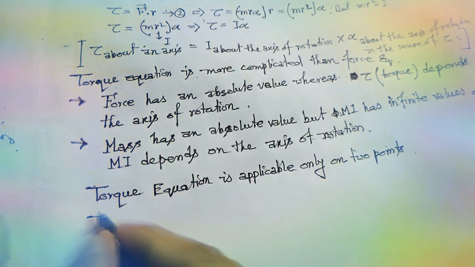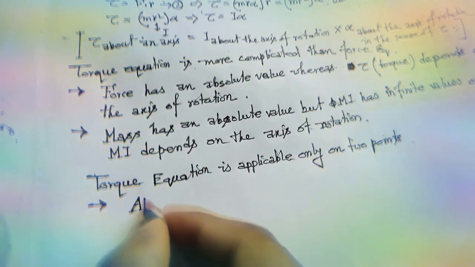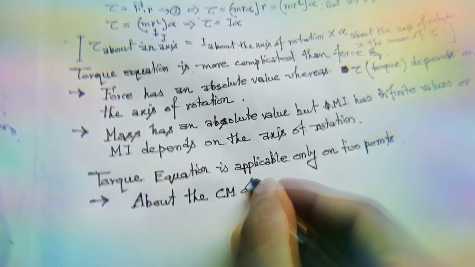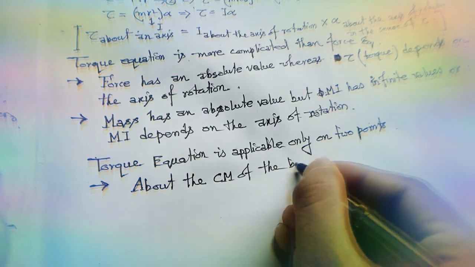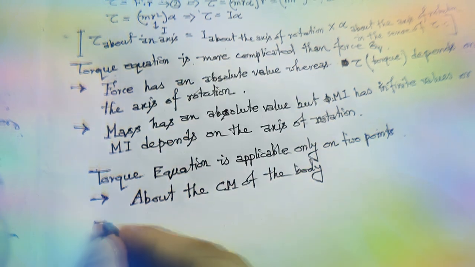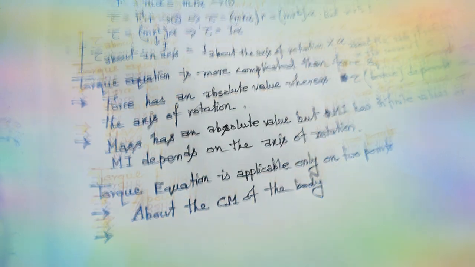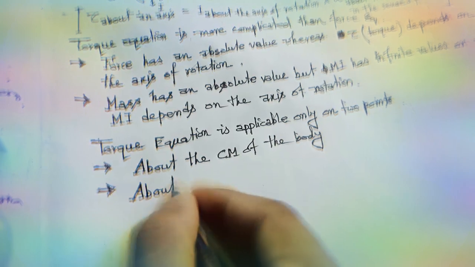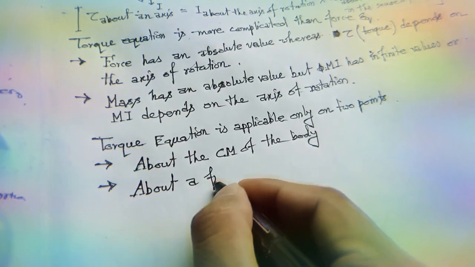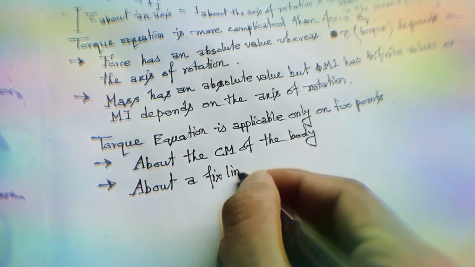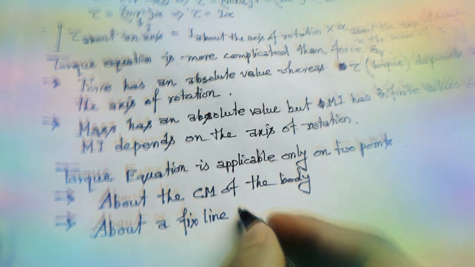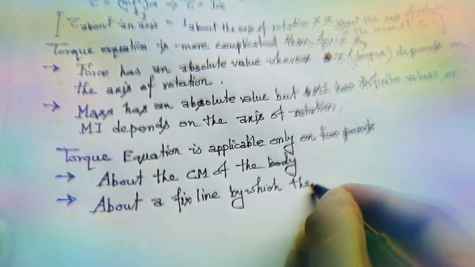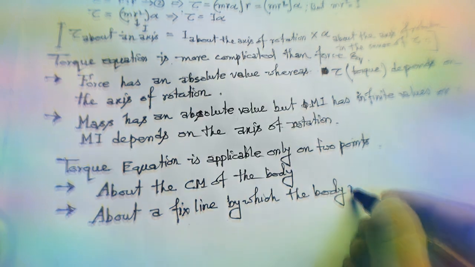First one is about the center of mass of the body, and the second one is about a fixed line by which the body rotates.